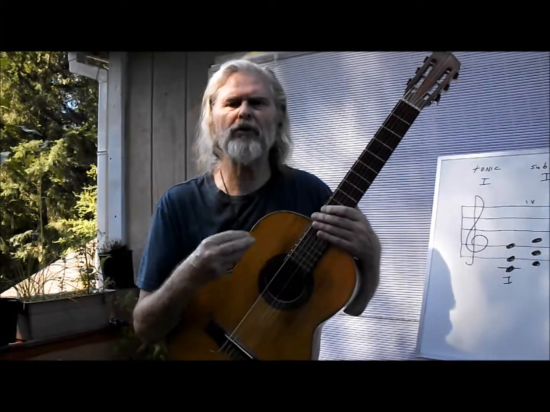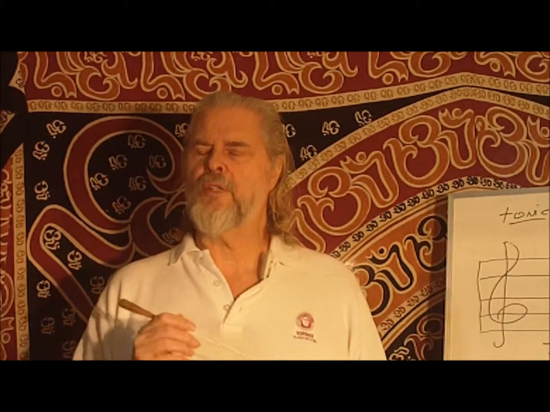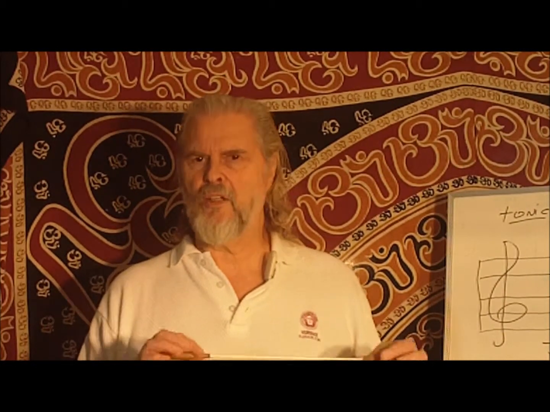This is how the chords work together. Now you know the difference between major and minor just by the major and minor third. You also know that there are only 4 chords, major, minor, diminished, and augmented. You also know that the order that they're in, you call them by tonic, subdominant, and dominant, and it's the same in all keys, whether major or minor.